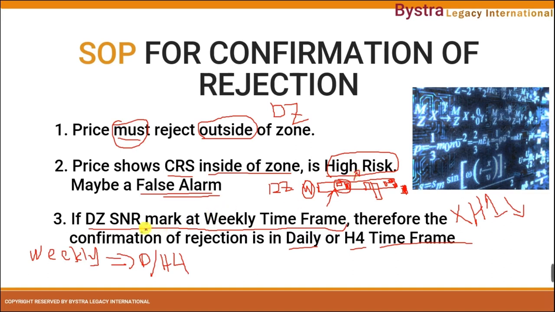And if you mark the danger zone at the weekly time frame, the confirmation of rejection has to be in daily or H4. So if you mark the danger zone at daily, your time frame for confirmation of rejection is H4 or H1. Okay, I hope you guys are clear with this. This is very, very important.